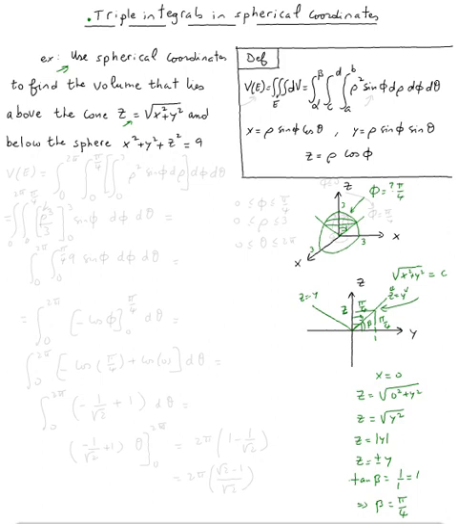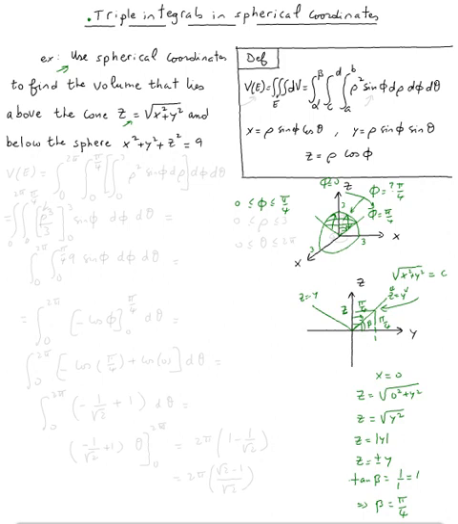So I'm looking for my solid going from here to here. I'm going from phi equals 0 to phi equals pi over 4. So I know my phi has to be between 0 and pi over 4.